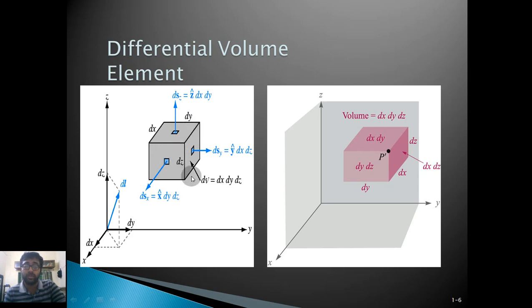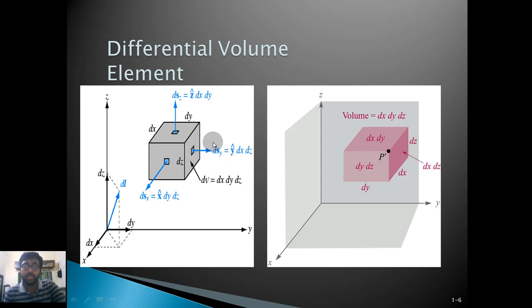Now if we take this surface, here we have considered dz and dx. If we multiply dx and dz, we will get the surface area ds, and this is along the y axis.